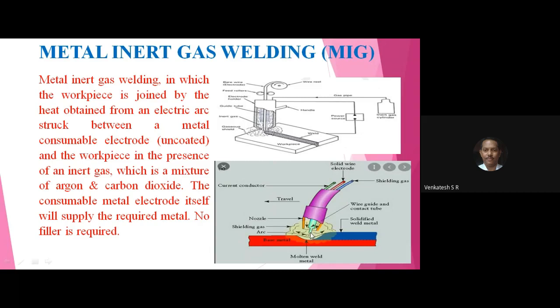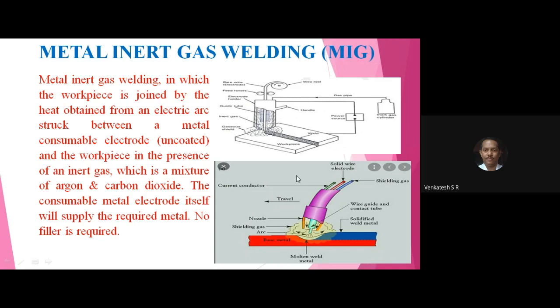An arc is struck between the workpiece and the electrode, and the shielding gas covers the joint, and this is the nozzle where the gas is supplied to the joint, and the complete joint is covered with inert gas, usually argon or helium. So this is the 2D diagram of the metal inert gas welding process.